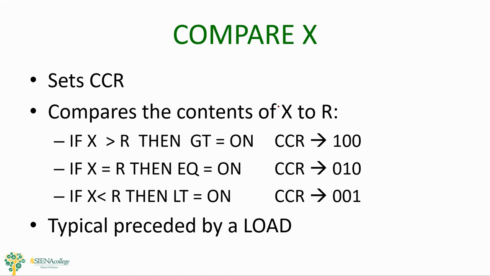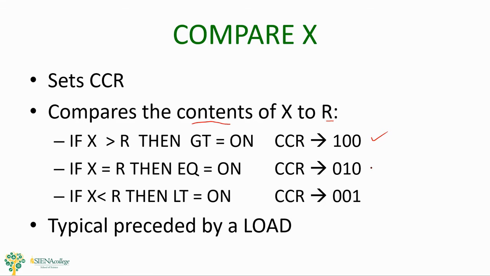The compare command sets the comparison register, CCR. In fact, it is the only command that we have that sets the comparison register. If the contents of the memory address specified is greater than the register, then the CCR is set to 100.